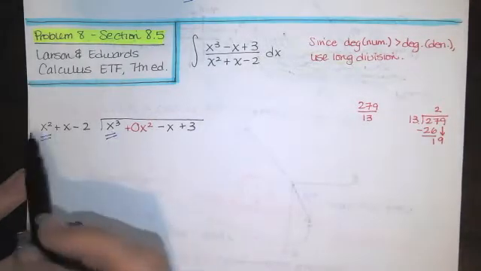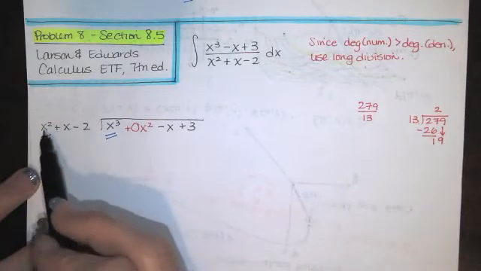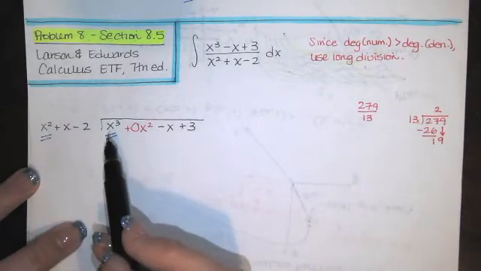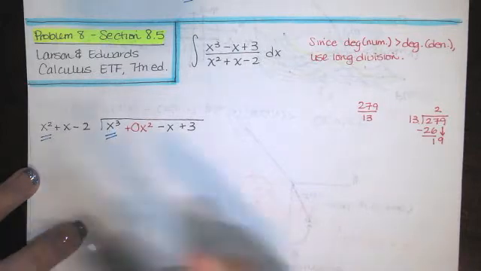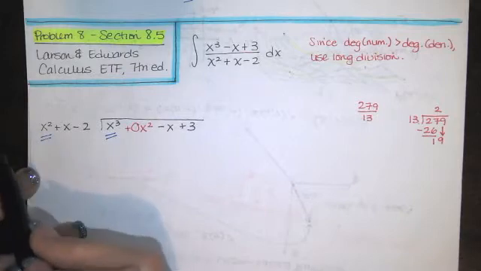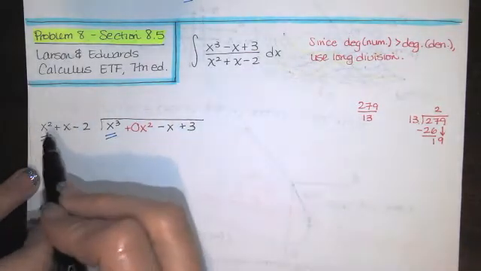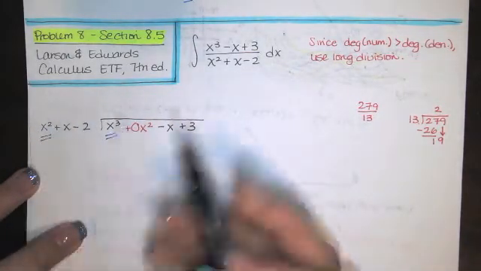So here, what we're asking ourselves is, how many times does x squared go into x cubed? It's a little bit different thinking about how many times a polynomial term goes into another polynomial term. So I think it's easier if we phrase it this way. Rather than saying, how many times does x squared go into x cubed?